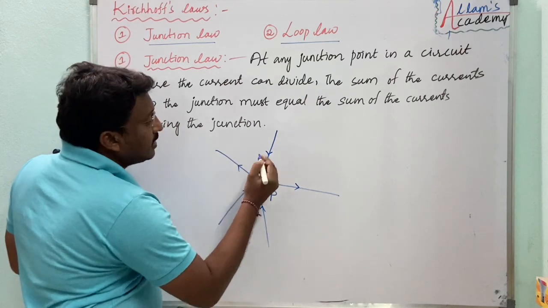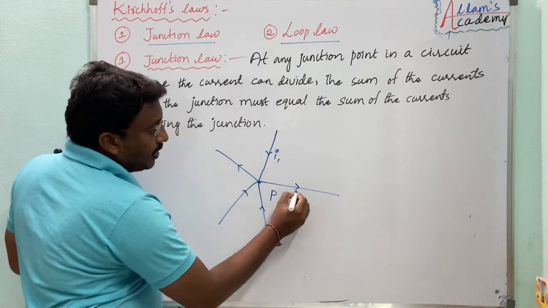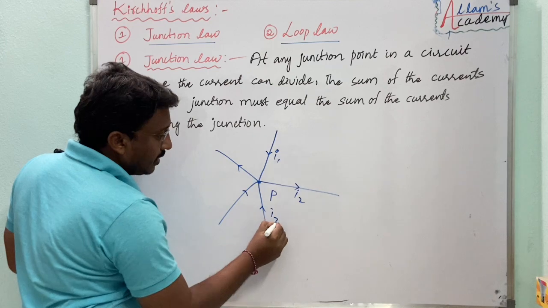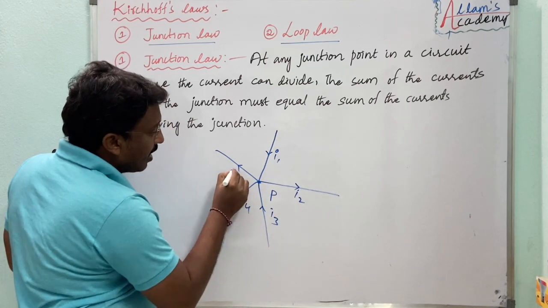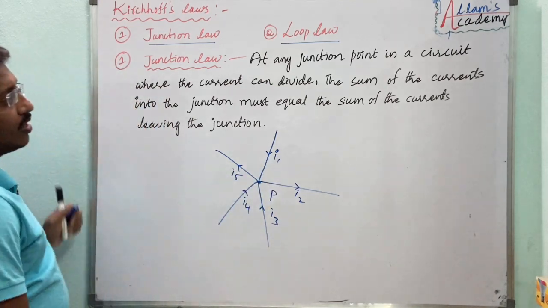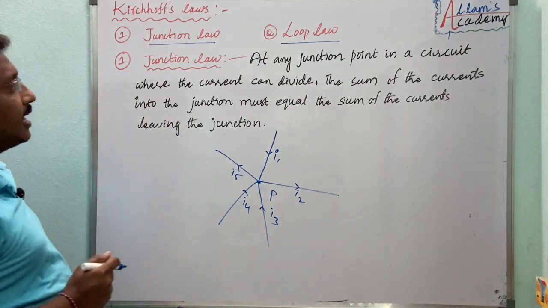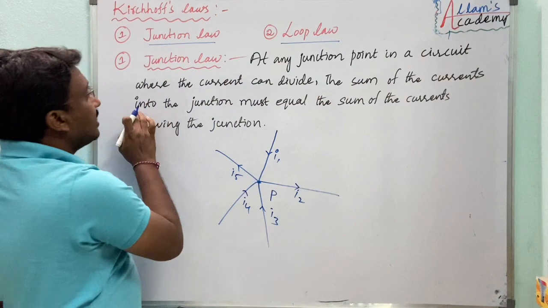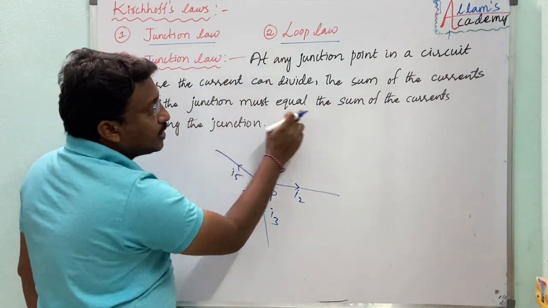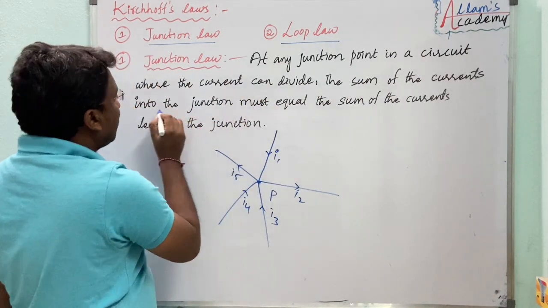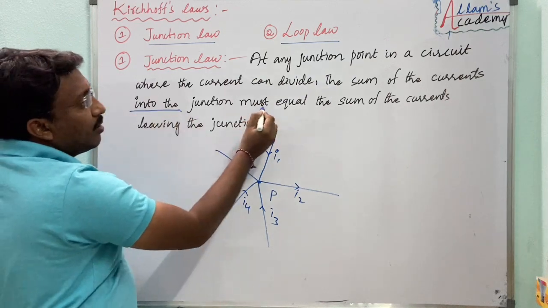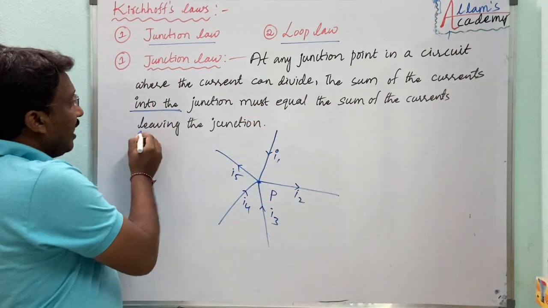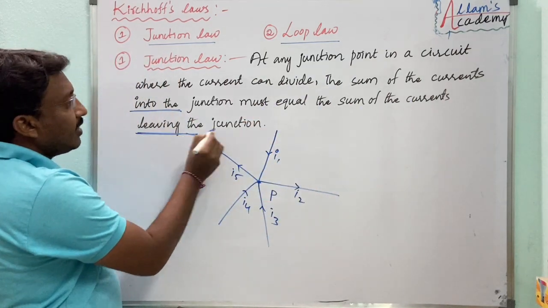What the junction law says, with I1, I2, I3, I4, I5 for example, is that the sum of the currents into the junction must be equal to the current leaving the junction.